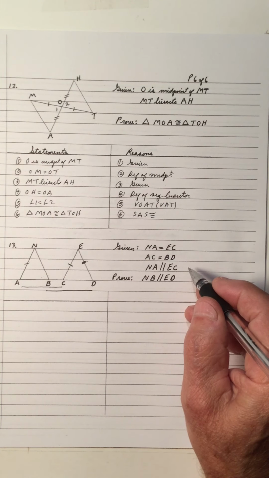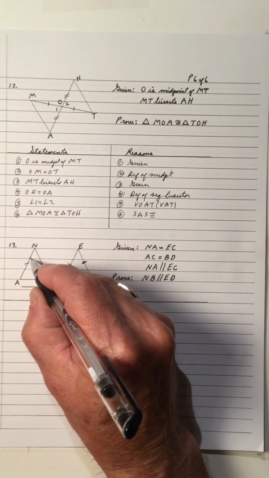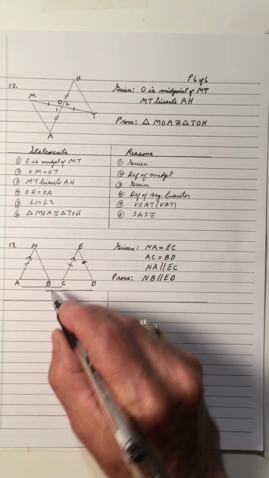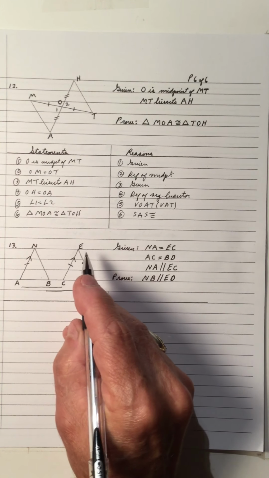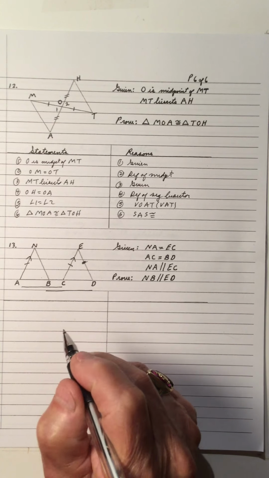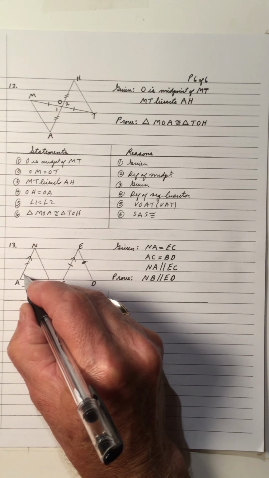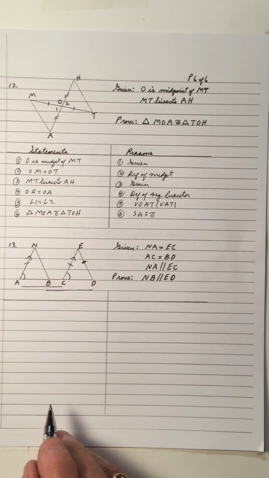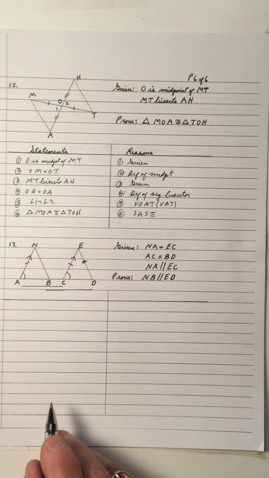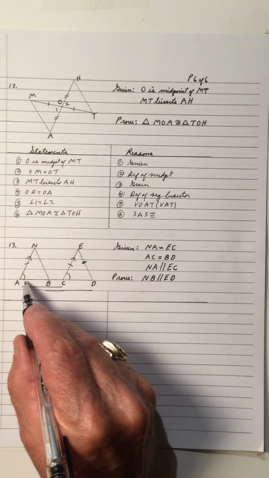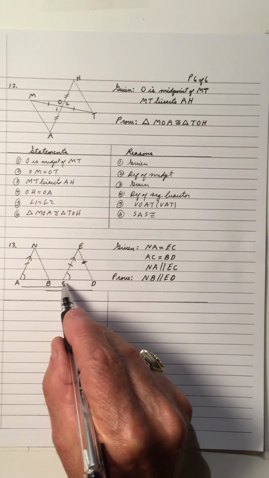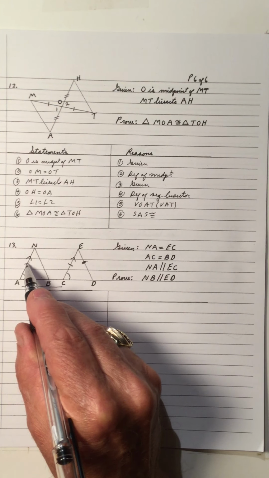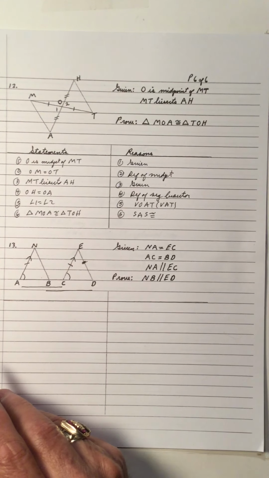And we have the parallel lines, so we have NA parallel to EC. Because the lines are parallel, then we'll have angles equal. Parallel lines will give us equal angles. So what angles are equal? This angle A is going to equal this angle C here. And you can see that if I get AB equal to CD, then the triangles will be congruent by side, angle, side.